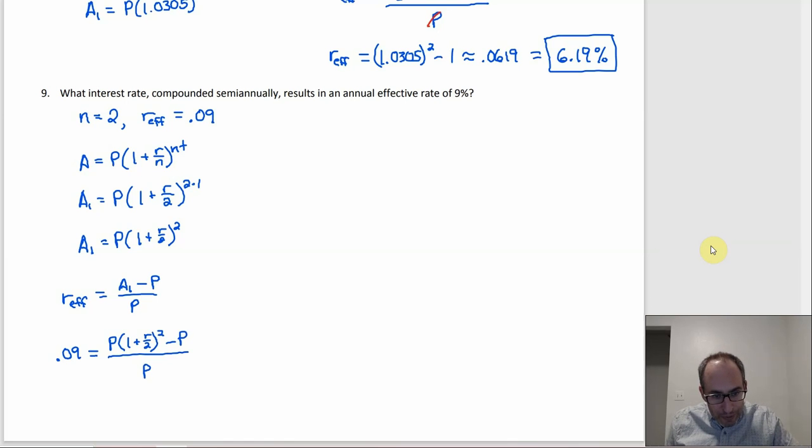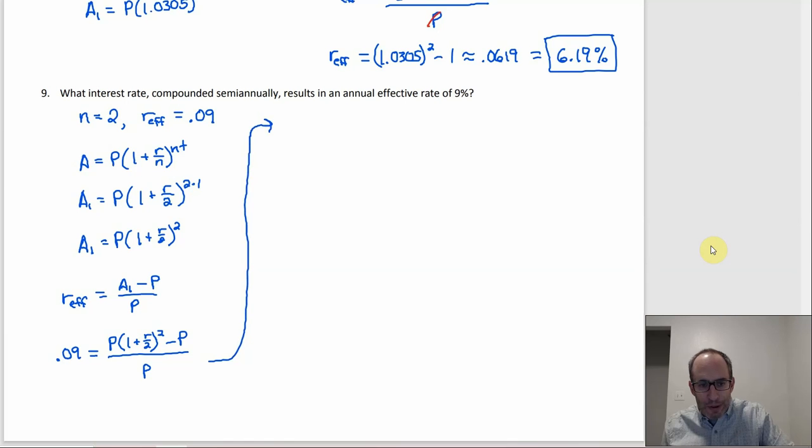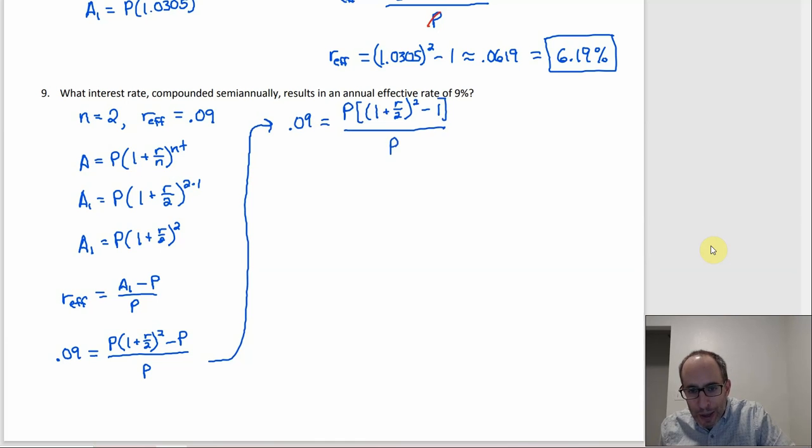So, I guess it might be better if I just start it off up here. So 0.09 would be, in the numerator, we can factor out the P. Then we're going to have 1 plus R over 2 quantity squared minus 1 after the P is factored out, and then a P in the denominator.